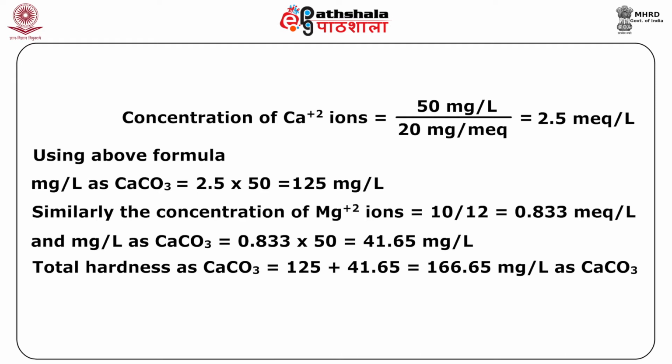Similarly, the concentration of magnesium ions will be 10 divided by 12, that is 0.833 milli equivalents per liter, and then this will be multiplied by 50, you get 41.65 milligrams per liter as CaCO3. So, the total hardness in this sample will be 125 plus 41.65, that is 166.65 milligrams per liter as calcium carbonate.